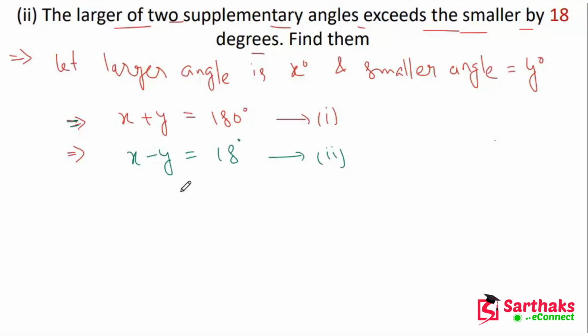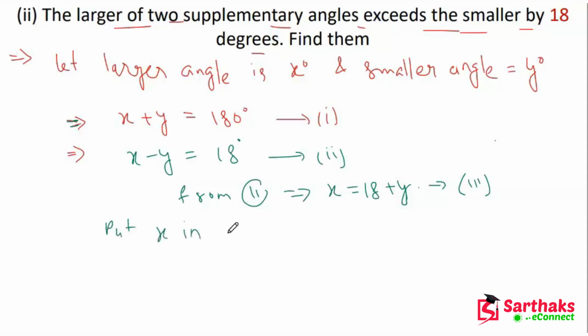So from the second equation, we get x is equal to 18 plus y. This is equation third. Now put x in equation number 1. So it will become 18 plus y is equal to 180, and twice of y is equal to 180 minus 18. It will become what? 162.